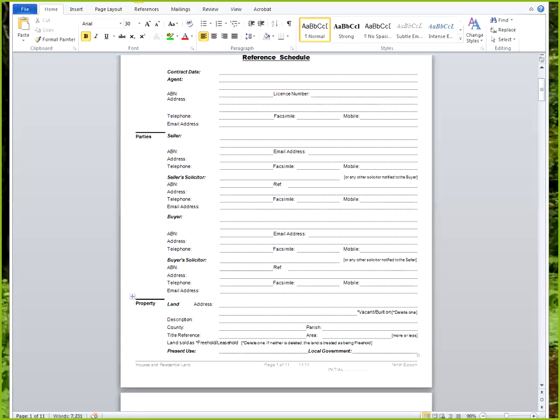The next issue is the issue of description, and what we mean by description is not words to the effect of a delightful colonial cottage with 3 bedrooms painted white. We're not talking about that sort of description. We're talking about the legal description as it appears on the title.